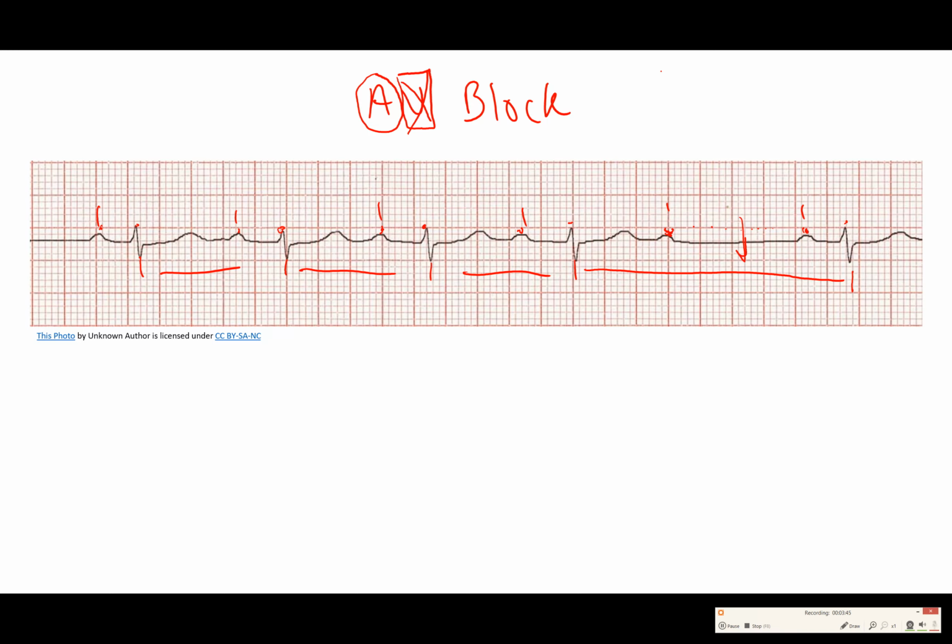Second degree heart block. So second degree, there are 2 forms, type 1 and type 2. Sometimes we'll say Mobitz type 1 or Mobitz type 2. And then to make it even more confusing, type 1 sometimes goes by the name of Wenckebach.